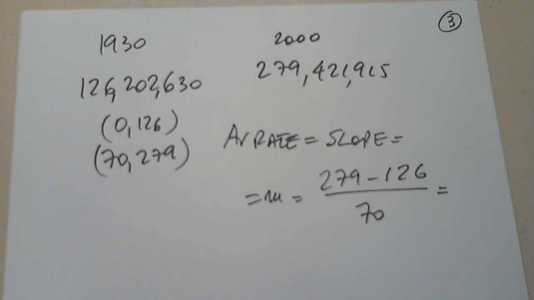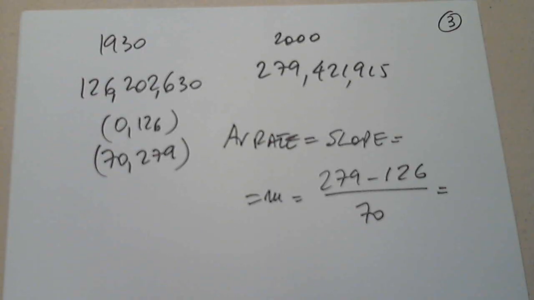Okay, so what was the number I got here? 2.19, correct. So the population is increasing at an average rate of about 2.19 million people per year.